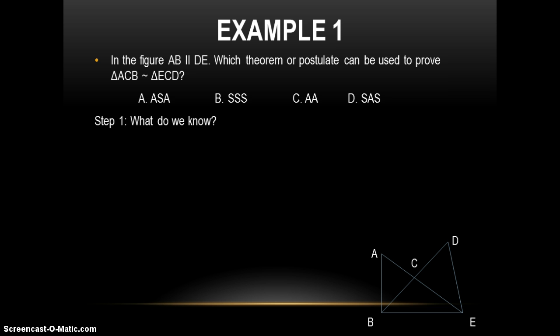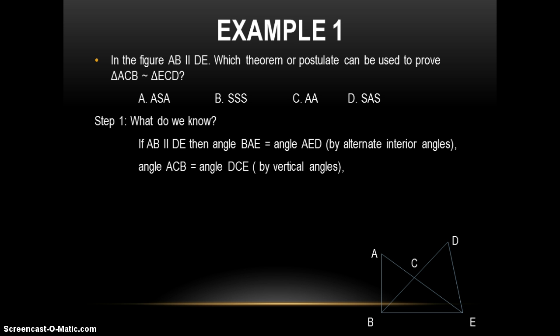So what do we know? If AB is parallel to DE, then angle BAE equals angle AED by alternate interior angles. Also, angle ACB equals angle DCE by vertical angles.